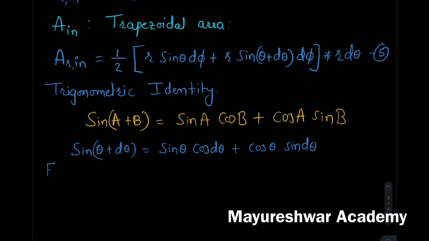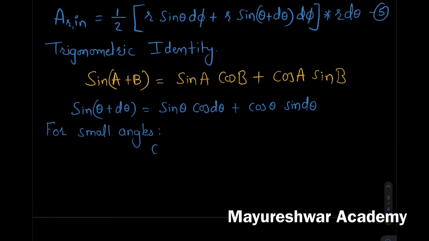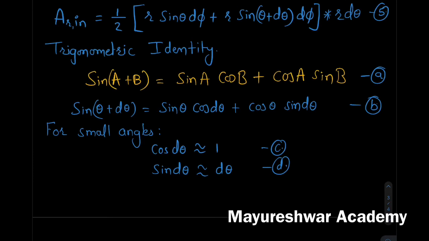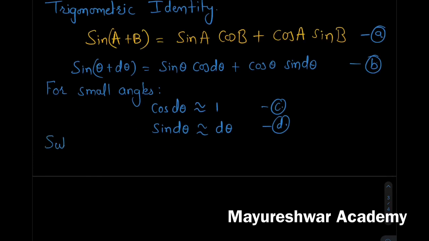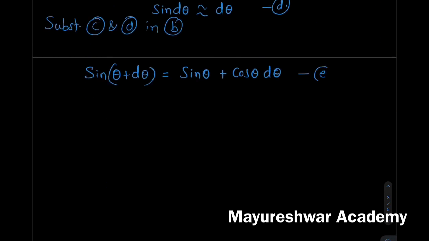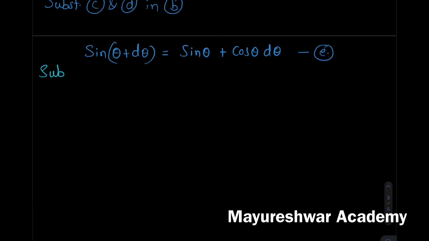So since we have considered differentially small elements, for small angles, naturally cos d theta will be identical to 1 and sine d theta will be equivalent to d theta. So let us call these additional equations a, b, c, d, and try to substitute c and d into equation b. So we can have the formulation of sine of theta plus d theta as sine theta plus cos theta times d theta. Okay, so let us call this equation E.